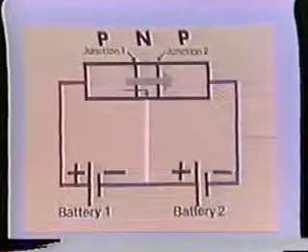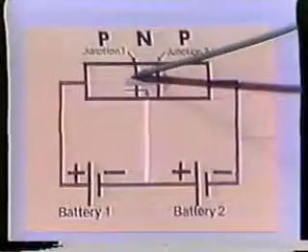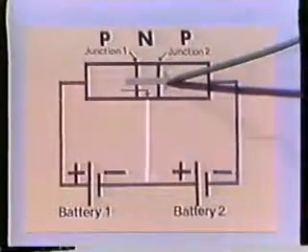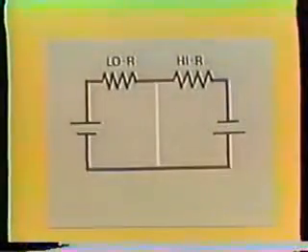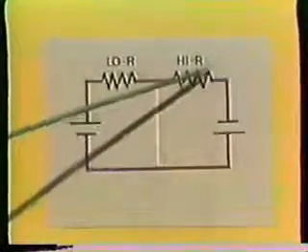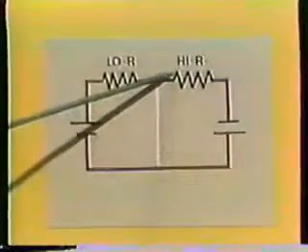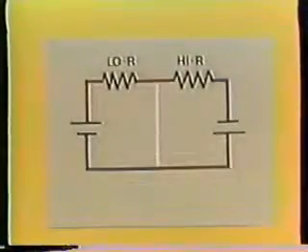The current through the transistor crosses both Junction 1, which is forward biased, and Junction 2, which is reverse biased. The forward biased junction has a low resistance, and the reverse biased junction has a high resistance, and the current is almost the same through both junctions.